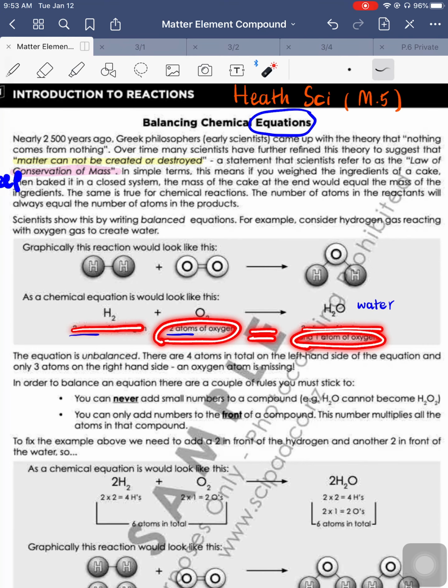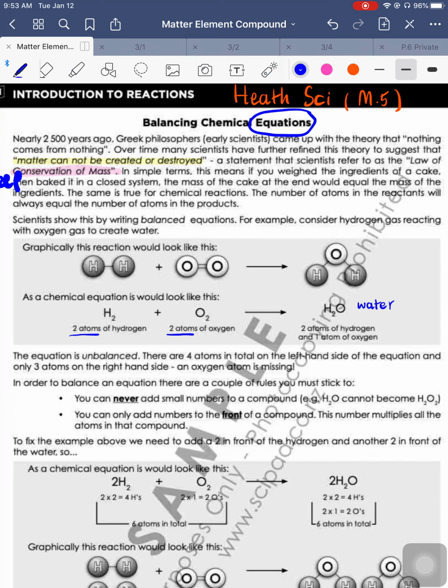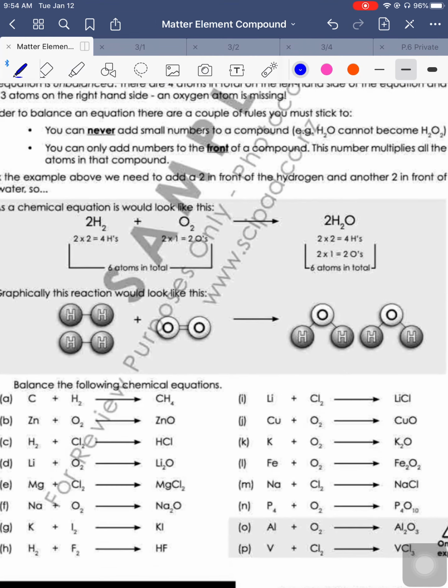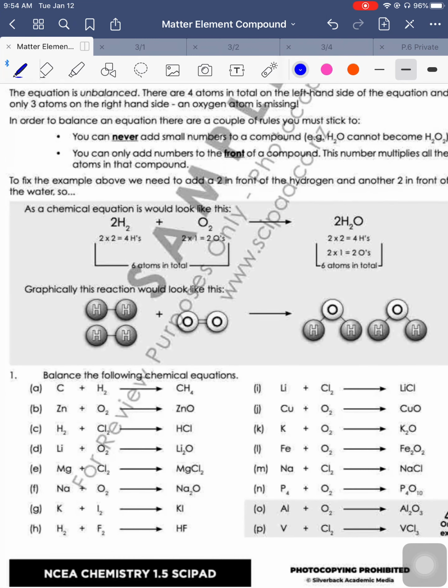It's not equal, so it's not balanced. You have to adjust it for balancing. How should we do this? If you would like to make it equal, let's look at the rest right here.